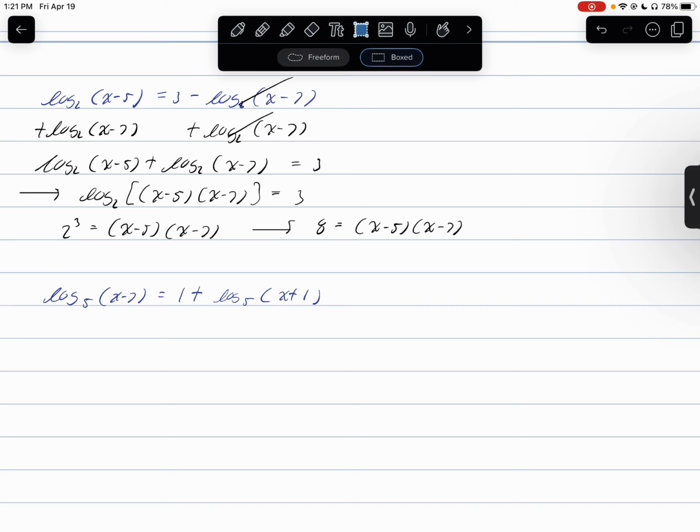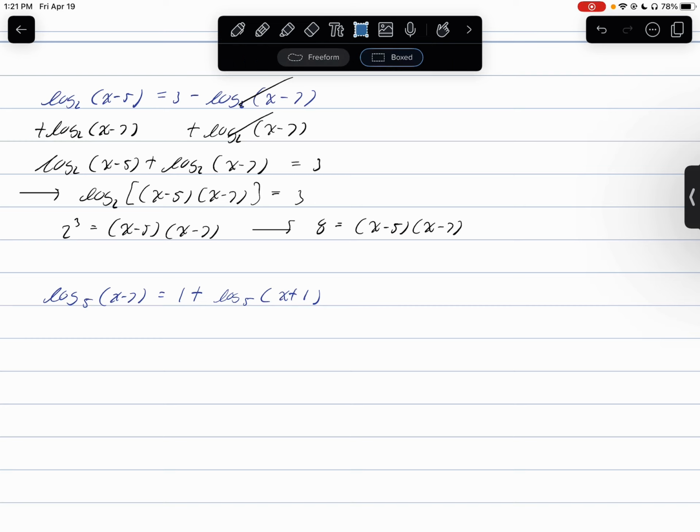Okay, so let's FOIL this out. So this is going to give us that 8 is equal to x squared minus 7x minus 5x plus 35. Or we have 8 is equal to x squared minus 12x plus 35.